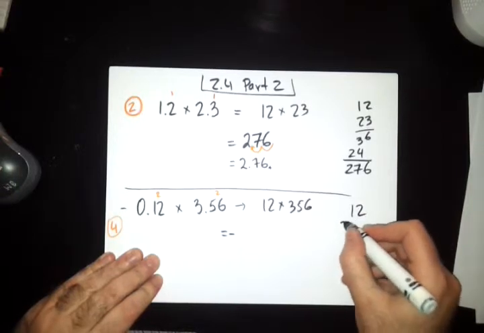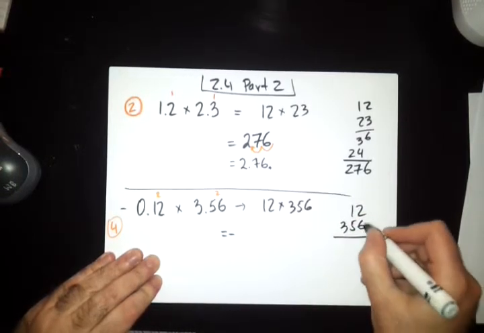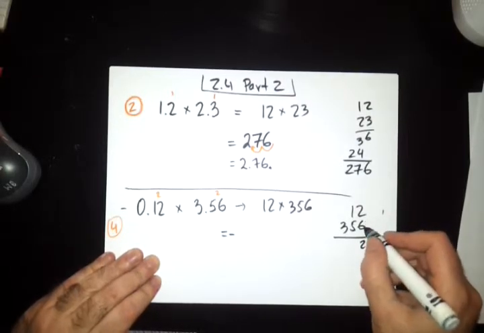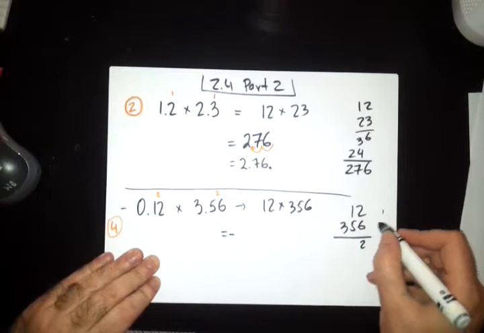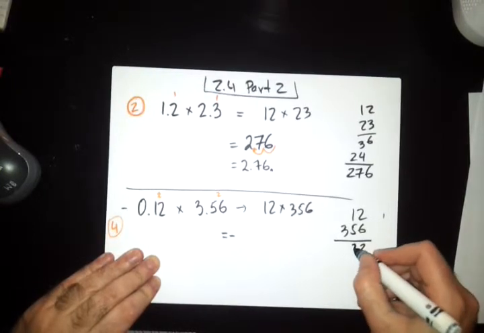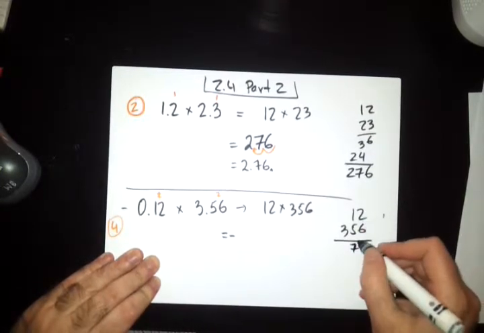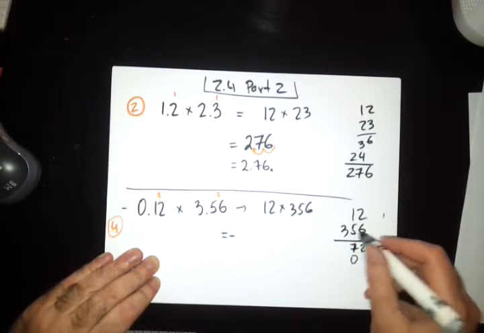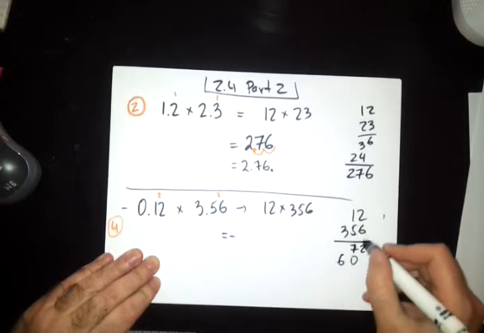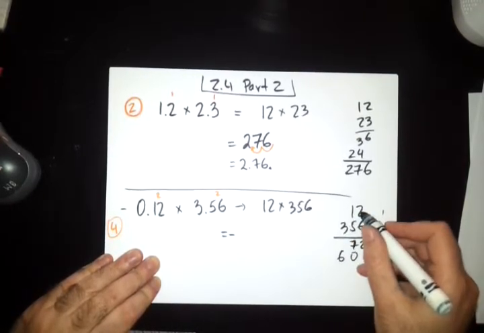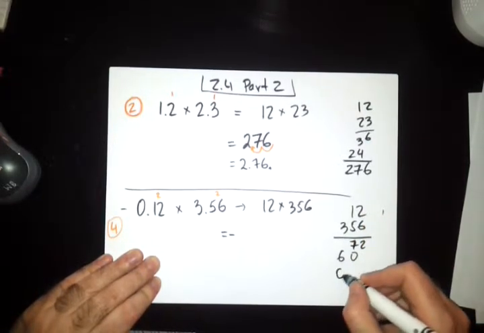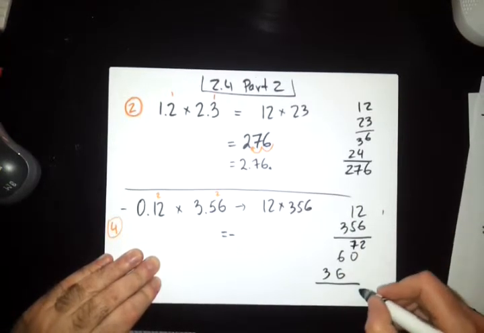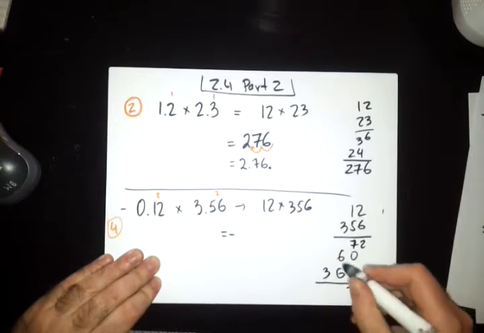12 times 356. 6 times 2 is 12. 2 here, 1 in reserve. 6 times 1 is 6. Plus that, 7. 5 times 2 is 10. 0, 1 in reserve. 5 times 1 is 5. Plus 1, 6. 3 times 2 is 6. 3 times 1 is 3. Bring everything down. That's 12. So 2.